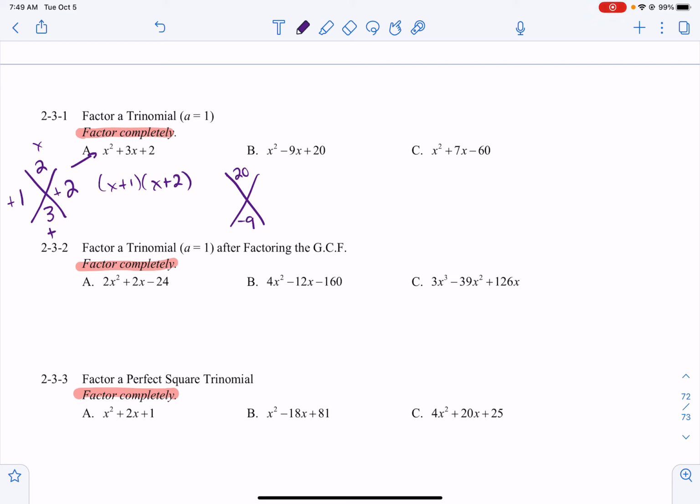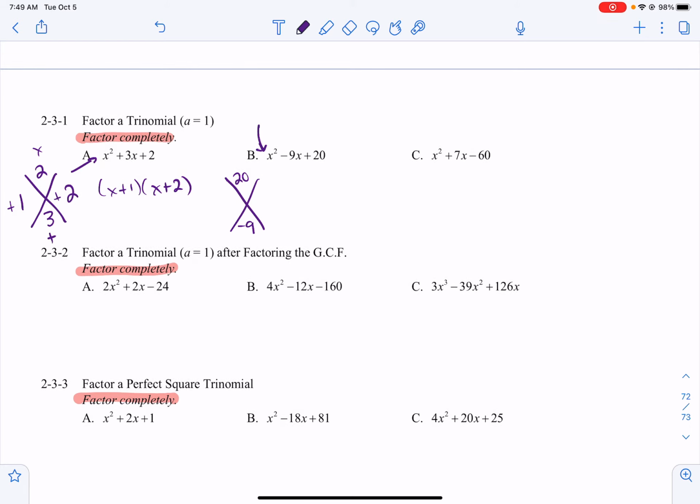B, same idea. Big X, a 20 goes on top, a negative 9 goes on the bottom. Now, I should be checking that nothing factors out of all of these, but because there's nothing in front of my x squared, there isn't anything that's going to factor out of all of them. So I'm safe to just start using my big X. Two numbers that multiply to a positive, but add up to a negative 9, so they both have to be negative numbers.